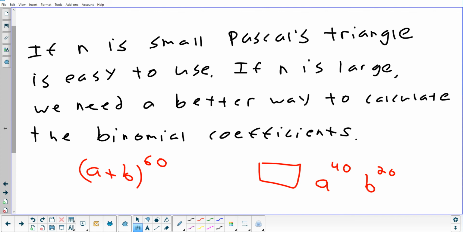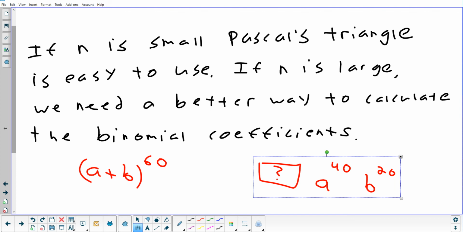Because we know that that term is going to come up somewhere. These two exponents always add up to 60. And you will have a time when you get down to 40 for a, and you get up to the 20th power for b. And I would want to know what number goes right there. Just one number. There's a way to figure out that number.